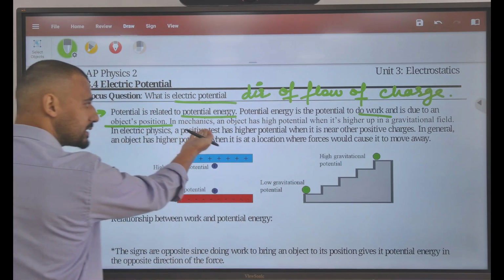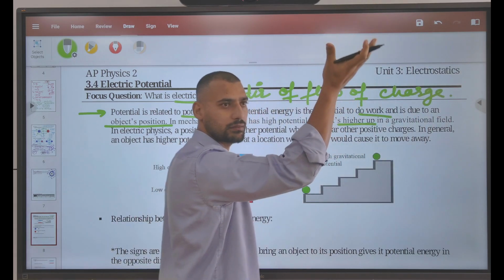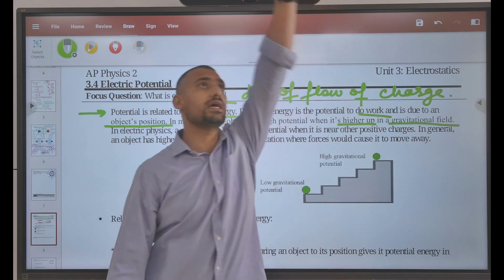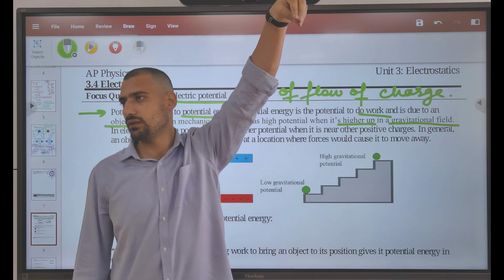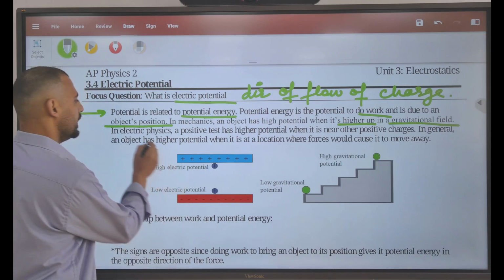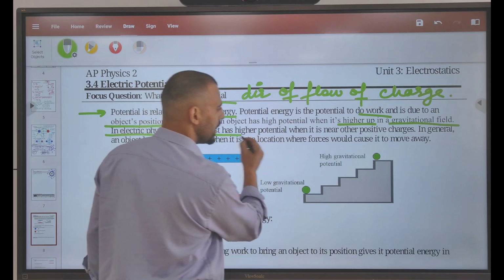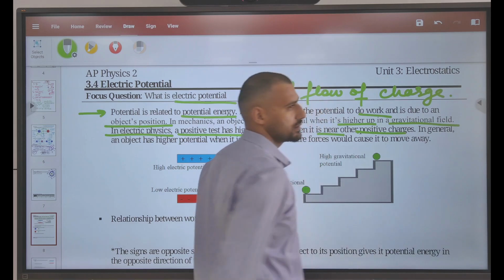So, in mechanics, an object has high potential when it is higher up in a gravitational field. When a body is here, it has more potential energy, isn't it? It has more potential as well. Similarly, in electric physics, a positive test charge has a higher potential when it is near other positive charges. Remember this.